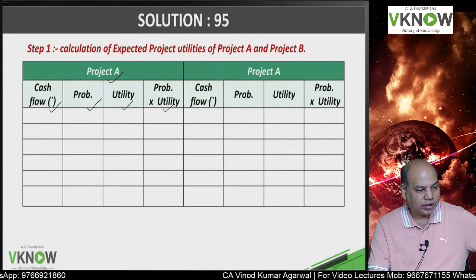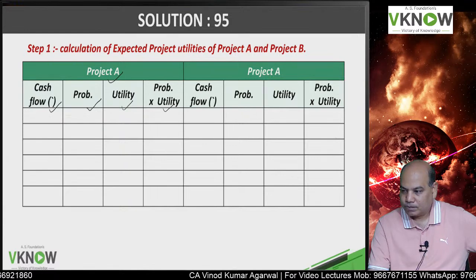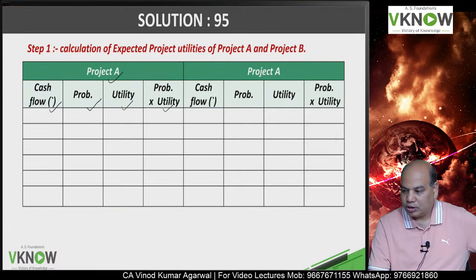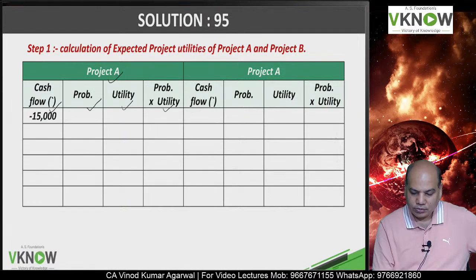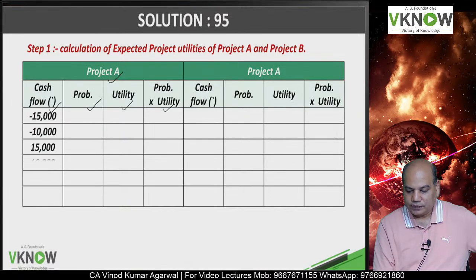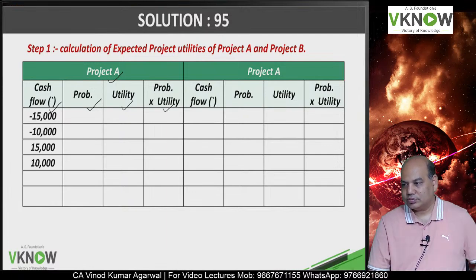Then project A, cash flow, probability, utility, probability into utility.